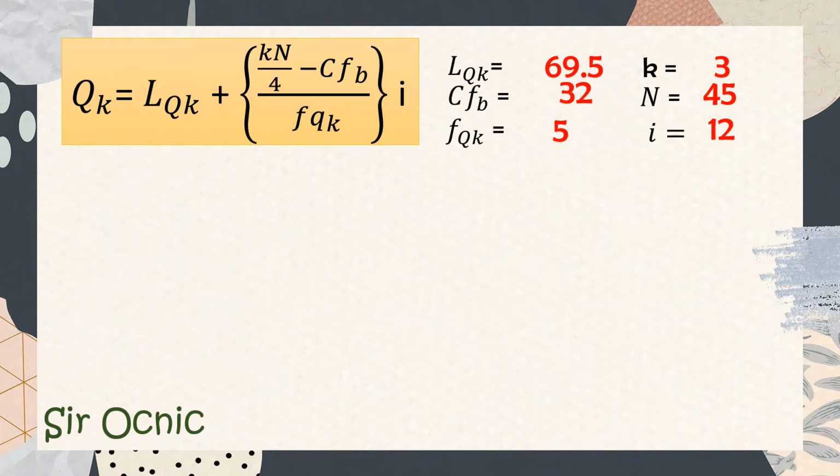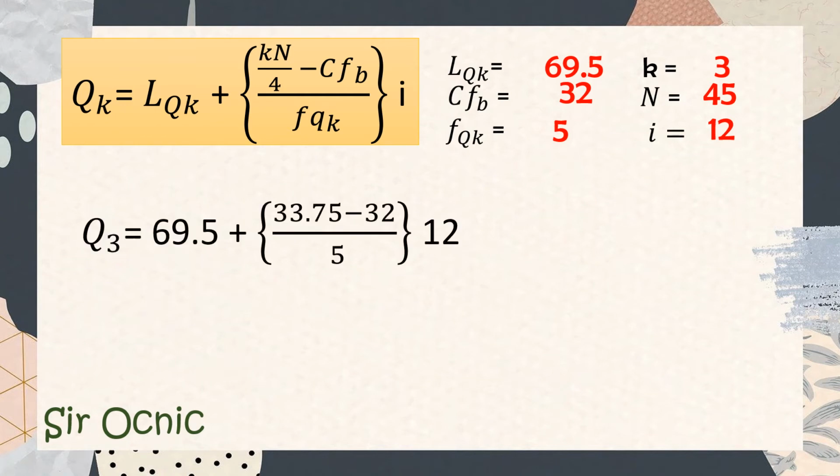Using the same values, let us now substitute to the formula. That is, Q sub 3 is equal to 69.5 plus 33.75 minus 32 all over 5 times 12. Take note that 33.75 is kn over 4 of the third quartile.